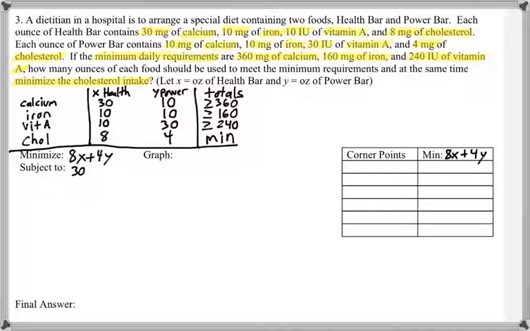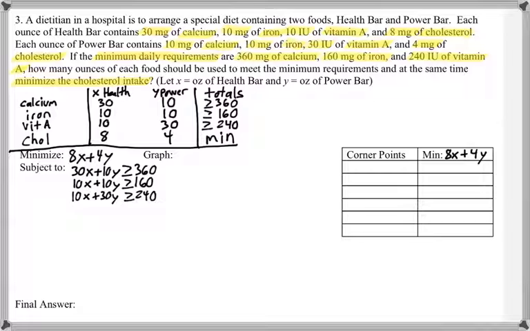And then the other three are my constraints. So 30x plus 10y is greater than or equal to 360. 10x plus 10y is greater than or equal to 160. 10x plus 30y is greater than or equal to 240.